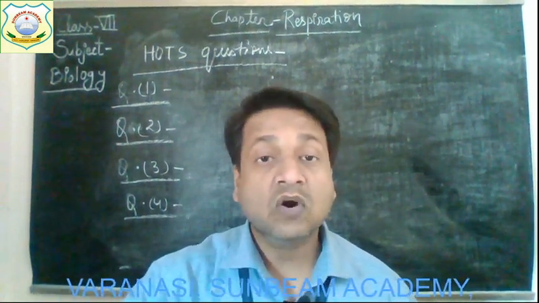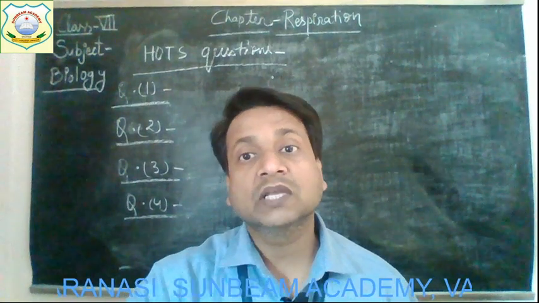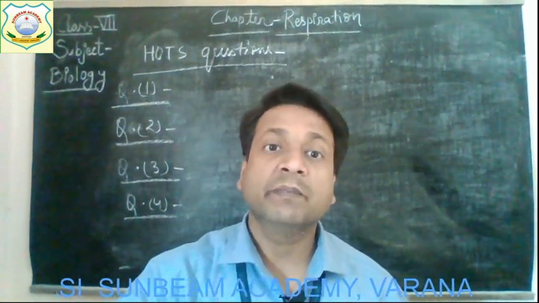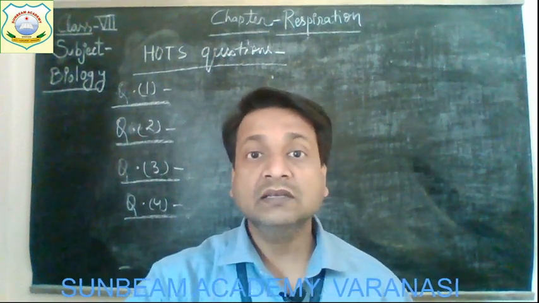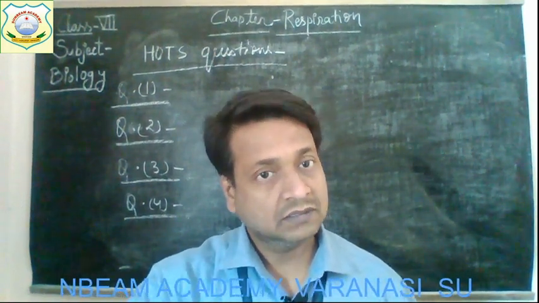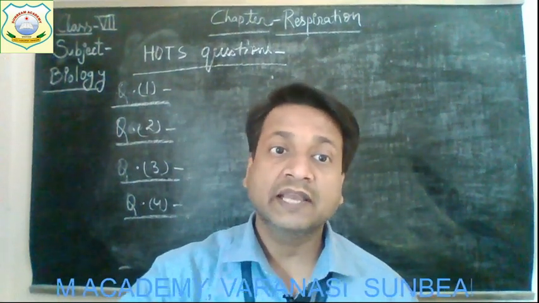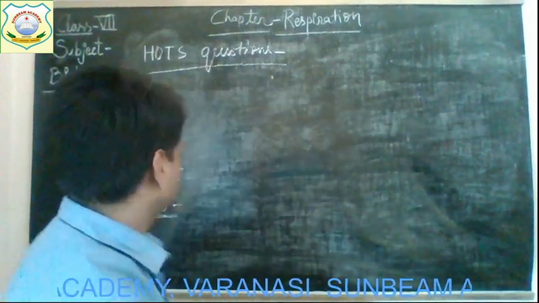This oxygen directly goes into the cells, and no separate organs for breathing are necessary in plants. Get it? Now come to the next question, number 5.